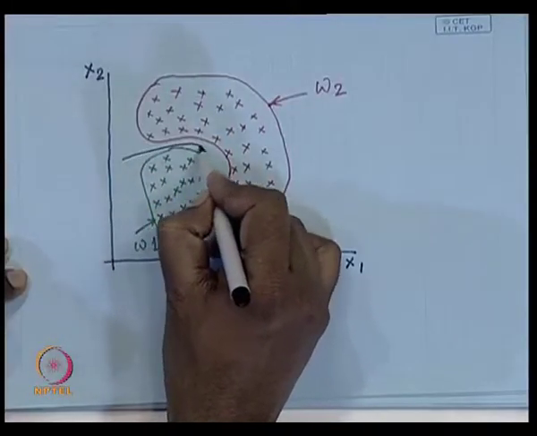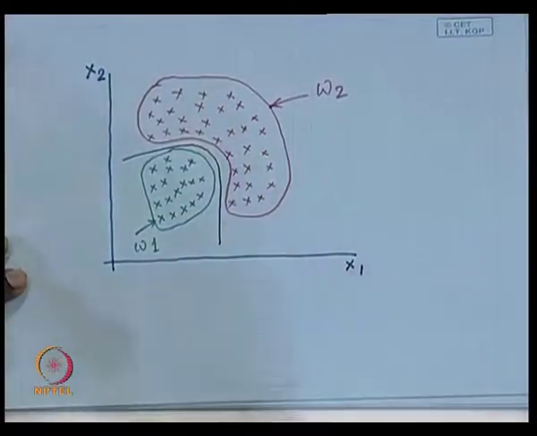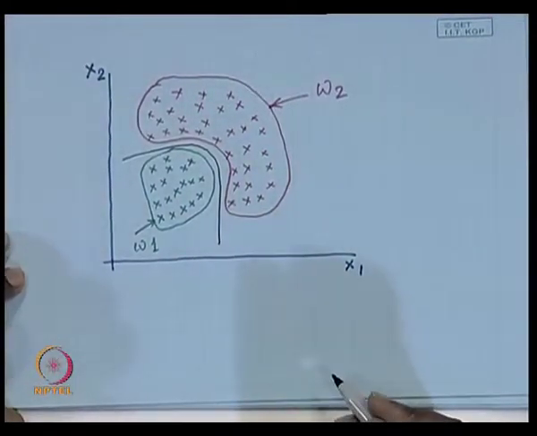Okay. Similarly, in 3 dimension, if the samples are distributed like this, I cannot separate the classes by a plane, or in higher dimension, I cannot separate the classes by hyperplanes. Okay. So, in such cases, I have to have a nonlinear decision boundary, something like this.